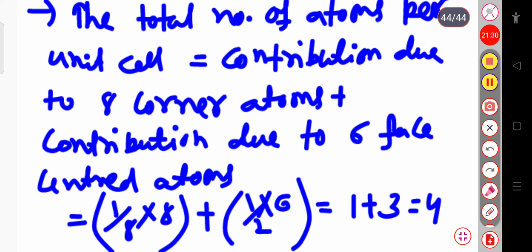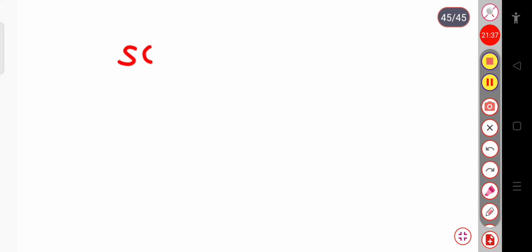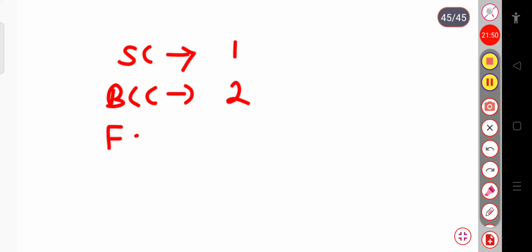So finally what we concluded is that in case of the simple cubic structure, the number of atoms per unit cell is 1. In case of the body centered cubic structure, the number of atoms per unit cell is 2, and for the face centered cubic structure, the number of atoms present per unit cell is 4.